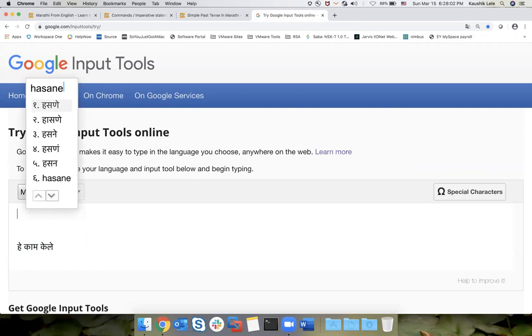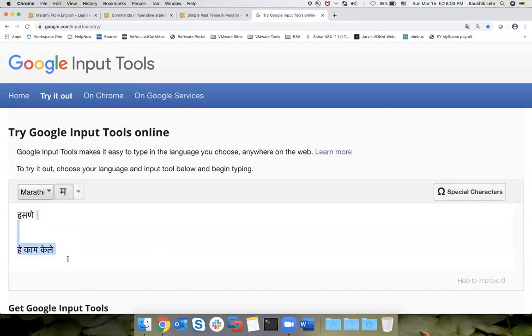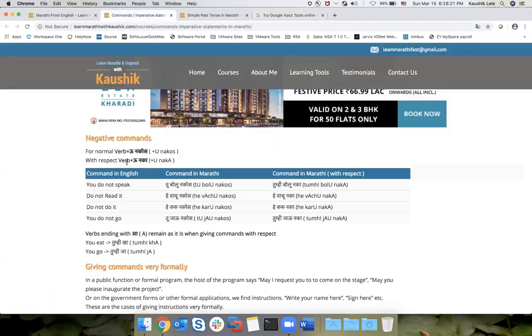Hasne, yeah. The ending in ne is dropped, so this will be the root, has. So how will you say laugh and do not laugh? Hasunakos. And with respect, it will be hasunaka. So naka is kind of the plural of nakos.